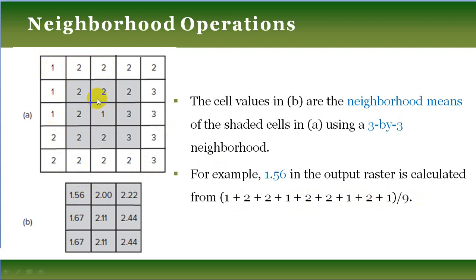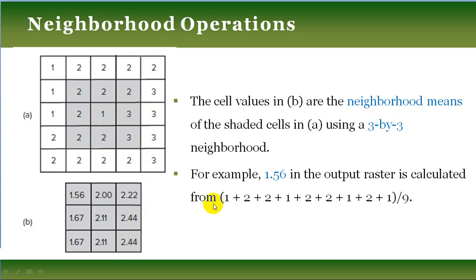The same way, for this focal cell pixel, the value is calculated as 2. For this focal cell pixel, the surrounding pixel values are this; if you perform the summation and divide by 9, the value will be 2.44.